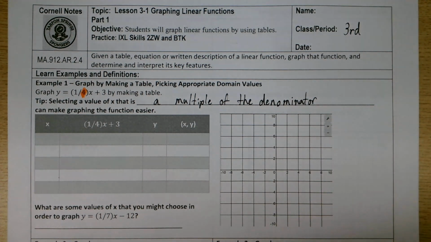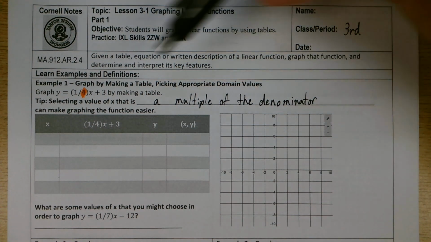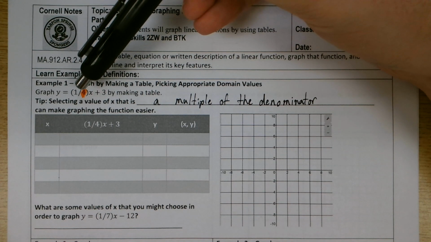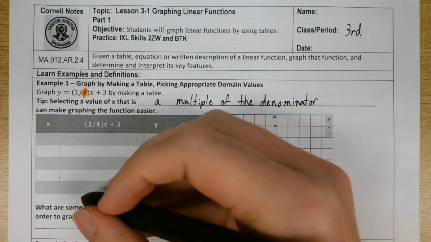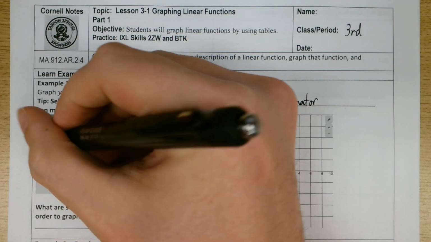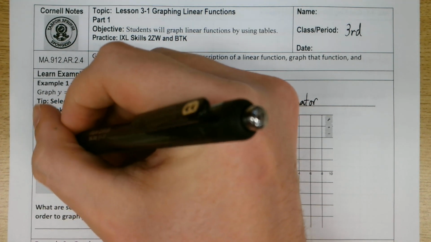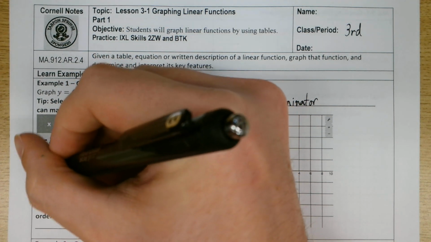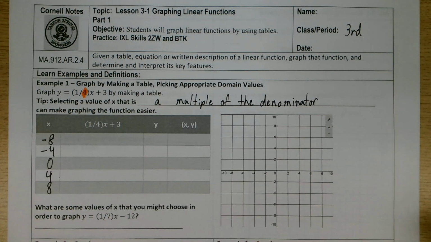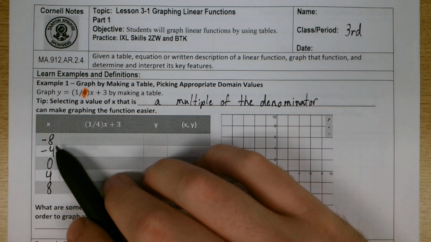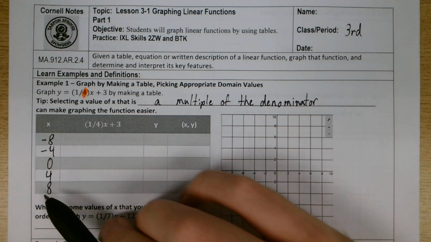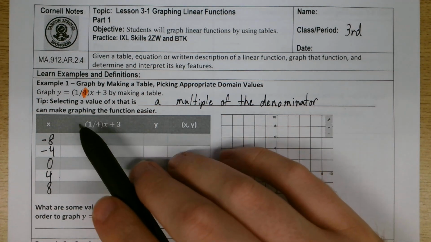We'll pick values of x that are multiples of 4 to graph. So we'll do -8, -4, 0, 4, and 8. -8, -4, 0, 4, and 8 are all multiples of 4.